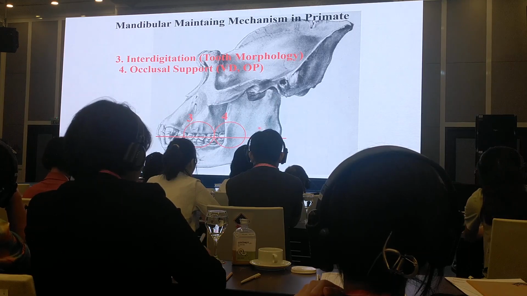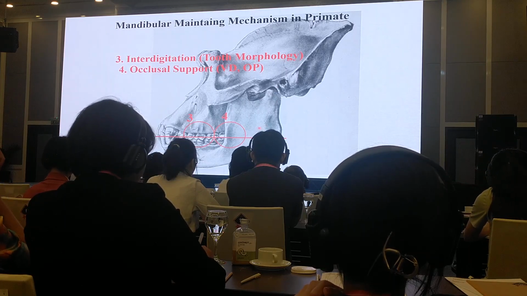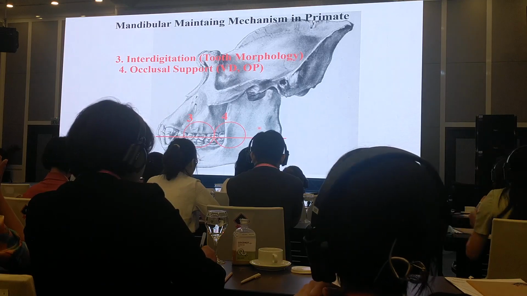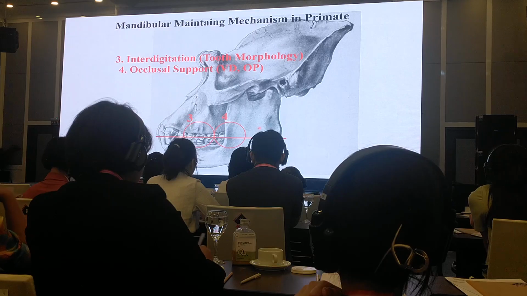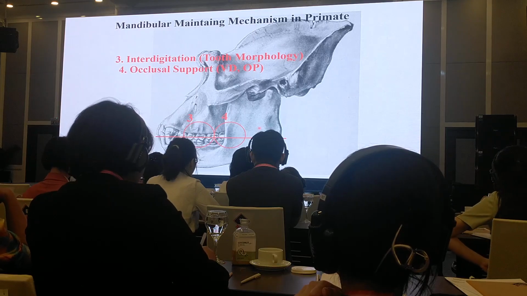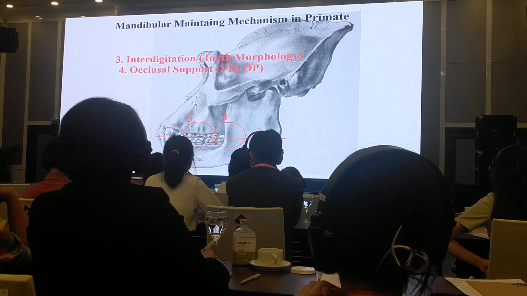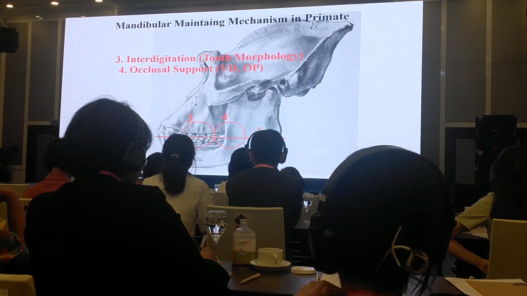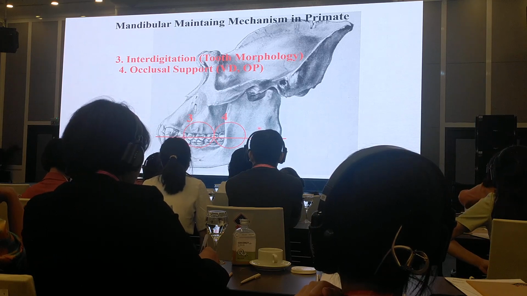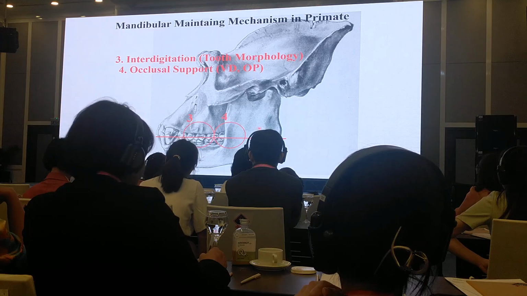Right? Only vertical dimension and occlusal plane try to keep the mandibular position. But as I explained before, this occlusal plane and the vertical dimension are changing during growth and development. This is a danger. Changing.